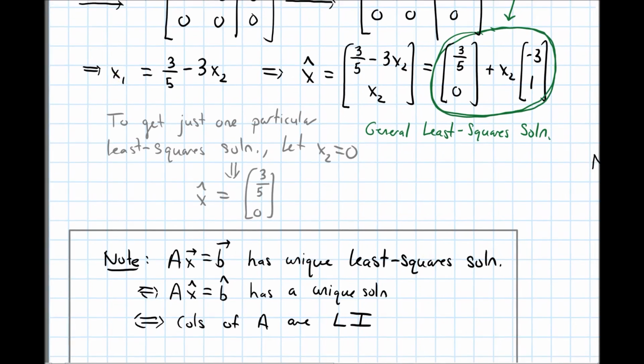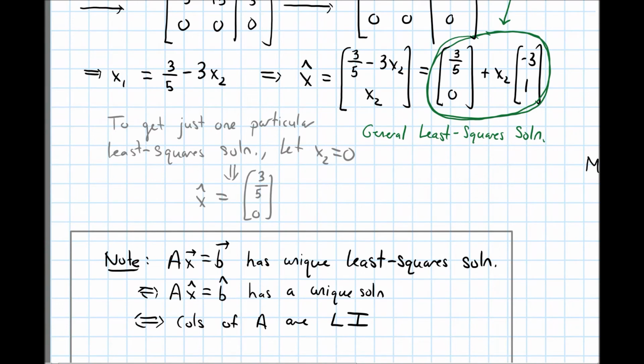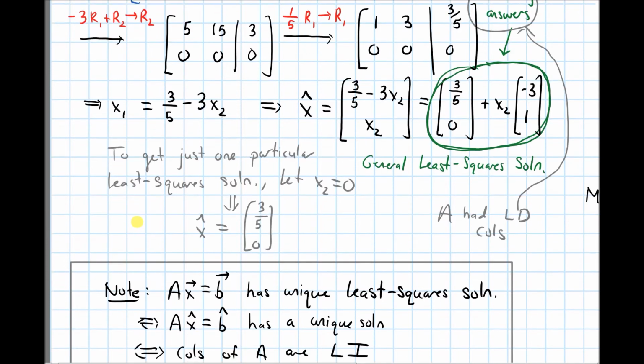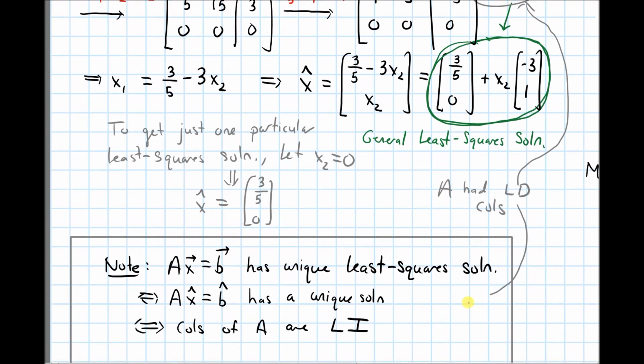The reason we had infinitely many answers up here was because our matrix A in this problem had linearly dependent columns. So when it has linearly dependent columns, then we won't have a unique least square solution. We'll have infinitely many. So that connects to what we're observing here.